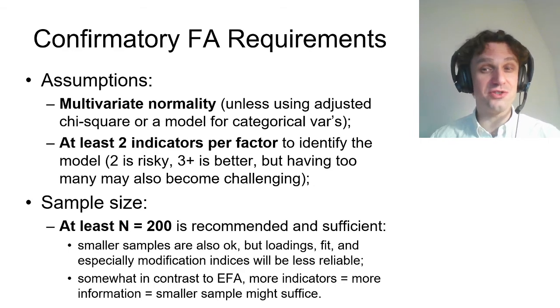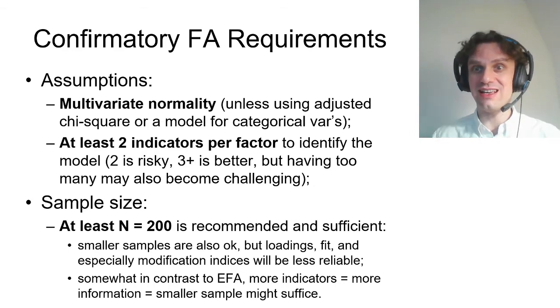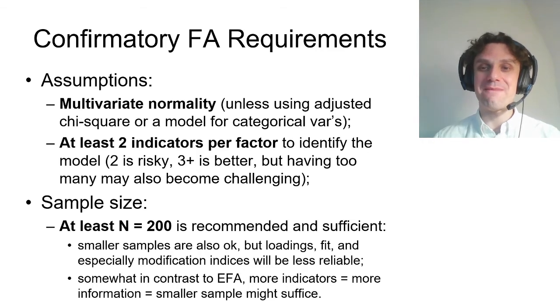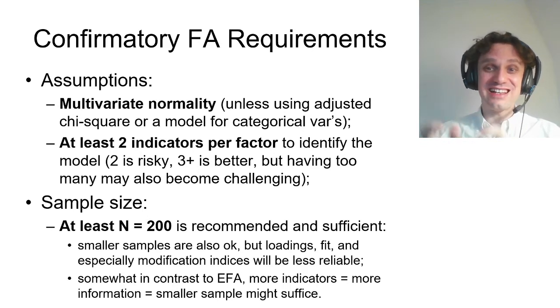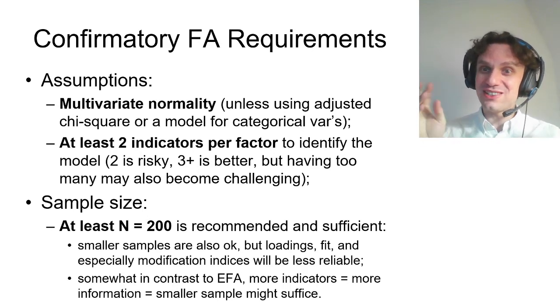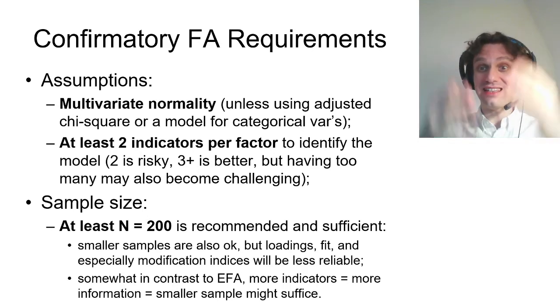But also if you have too many indicators per factor, like maybe 20 questions per a single scale, it becomes problematic, because the more questions you have, the more potential associations they can have among each other due to some reasons not related to your latent factor.